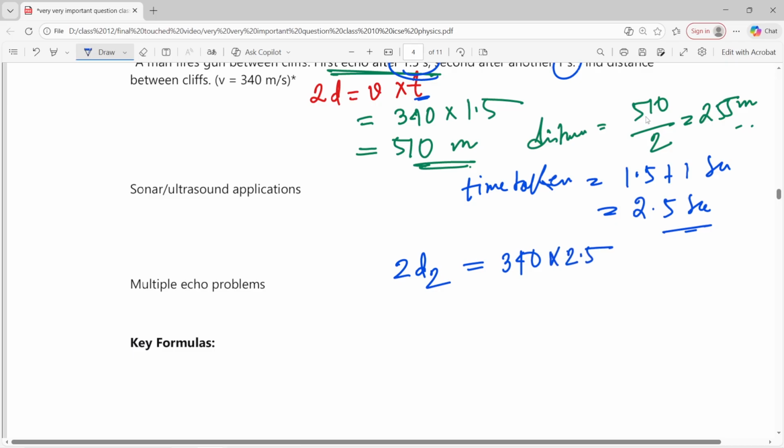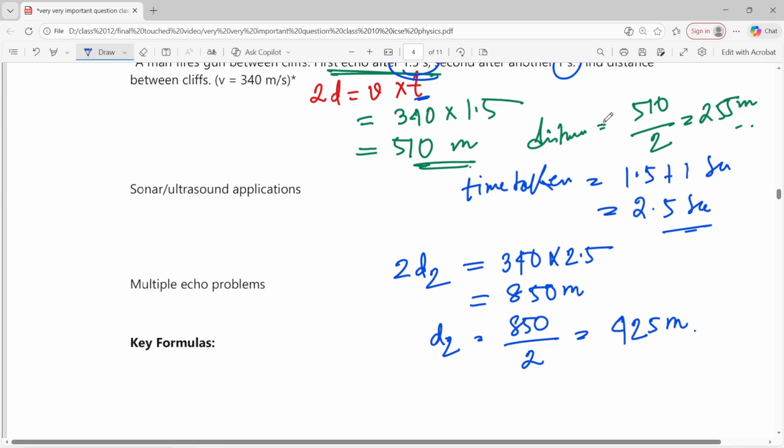And finally, if you calculate this, you get 850 meters, and for only d2, 850 divided by 2, we get 425 meters. That's the distance.